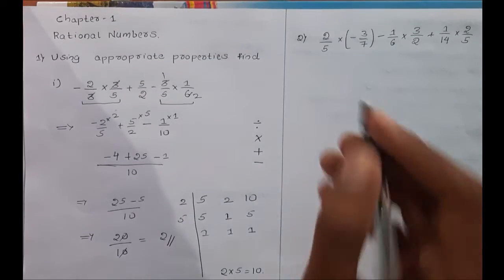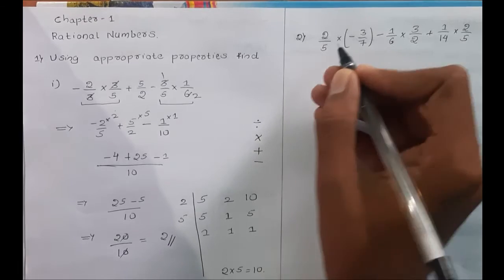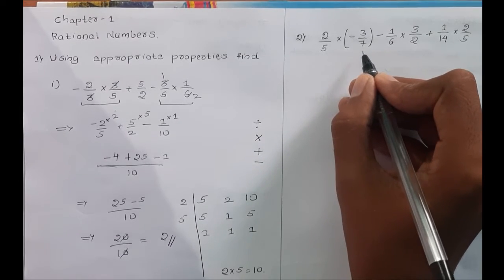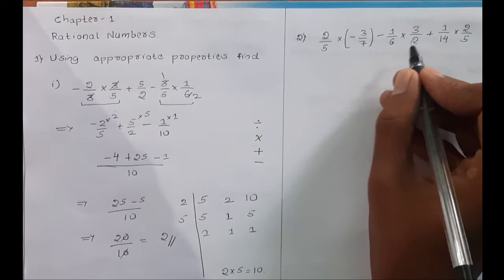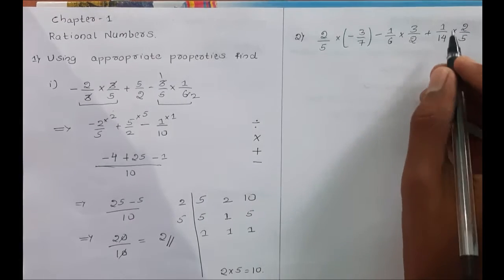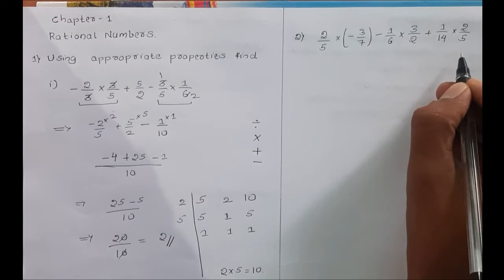Next question, they give 2 by 5 into minus 3 by 7 minus 1 by 6 into 3 by 2 plus 1 by 14 into 2 by 5.